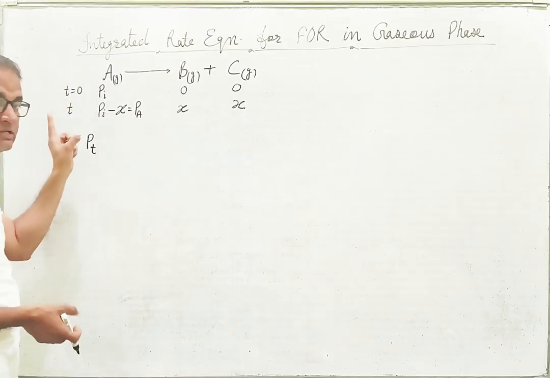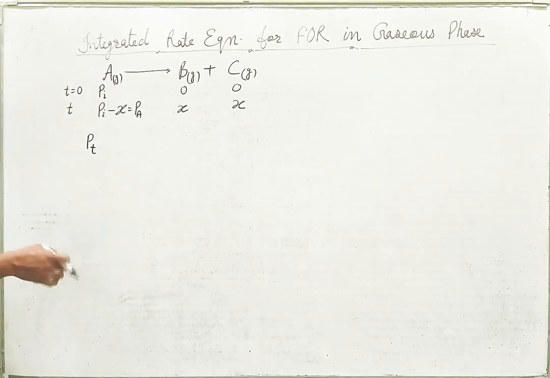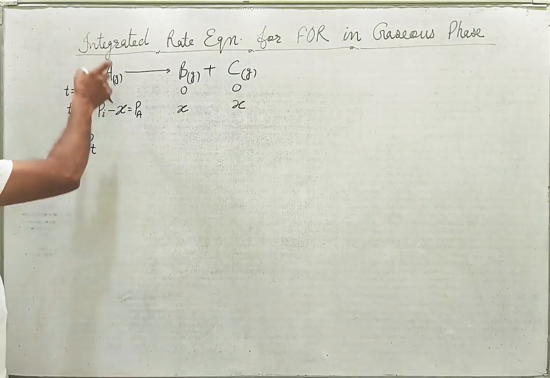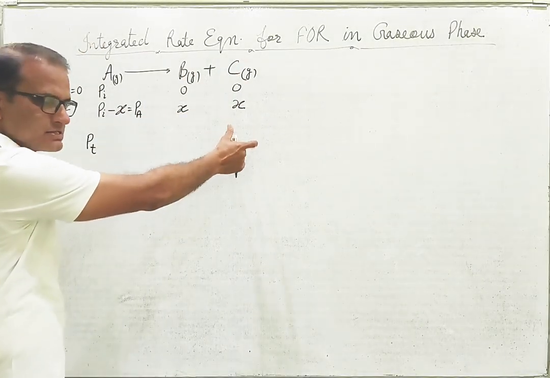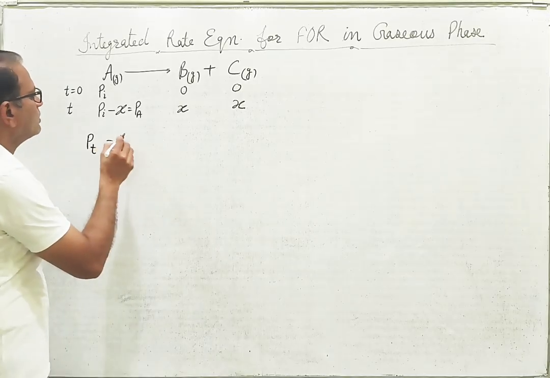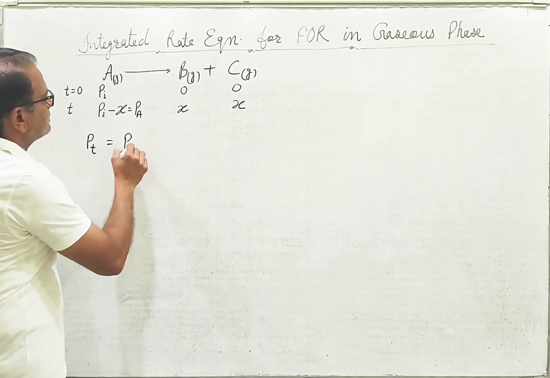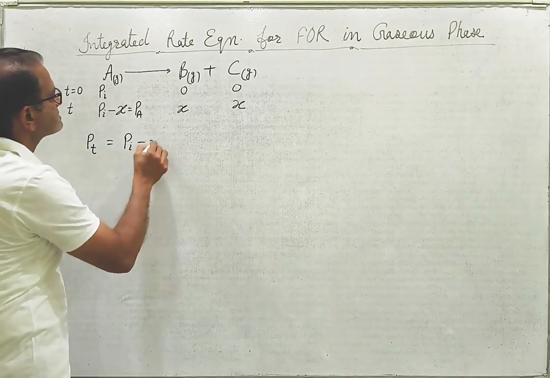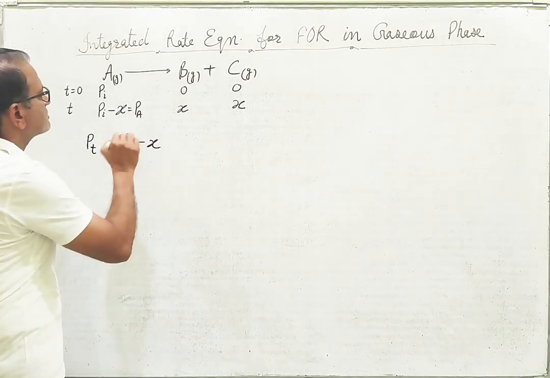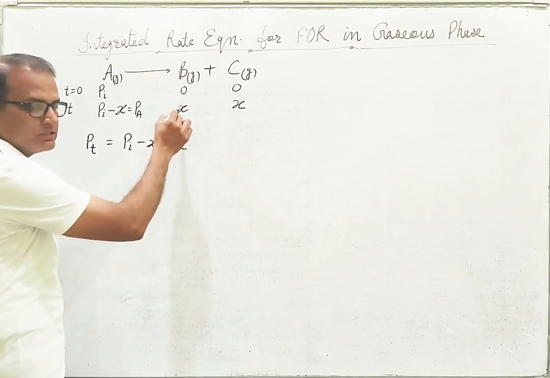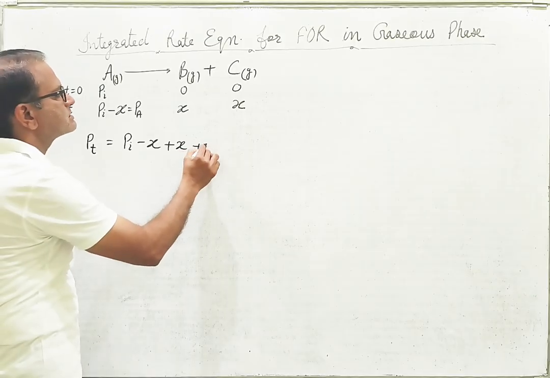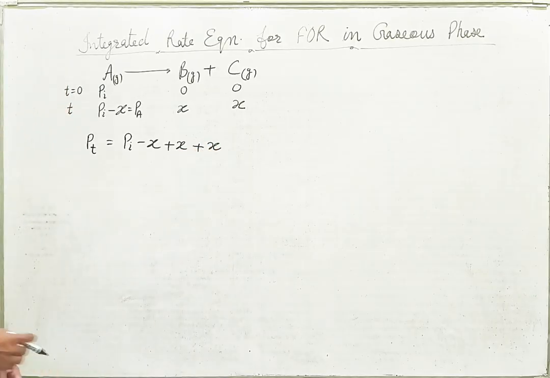At time t, the total pressure will be equal to the pressure of gas A, gas B and gas C. So that will be Pi minus X, this is for Pa, plus X for Pb, and plus X for Pc.